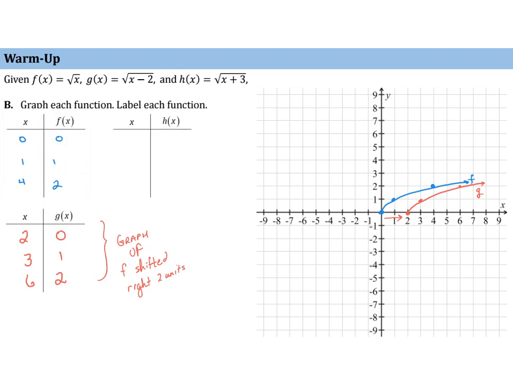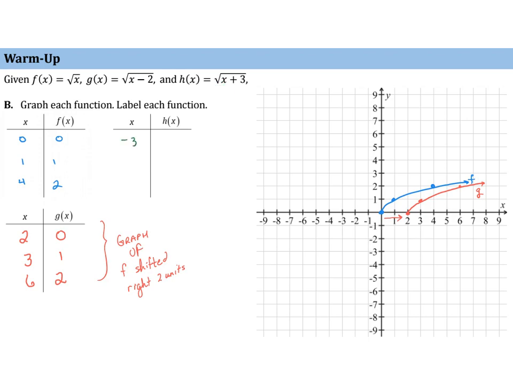Now, let's look at the graph of h. So h, the first thing that we do to our input is add 3. So we're going to have to compensate for our x values by moving to lower values. So if we want to get the output of 0, we're going to have to look at the input 0, and to get a 0 underneath your square root, we're going to have to use negative 3.